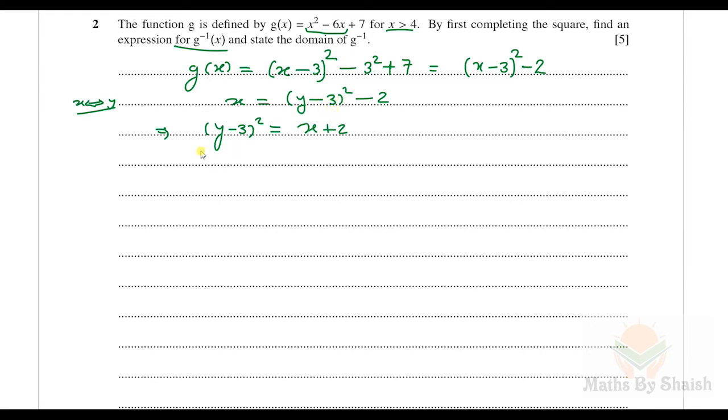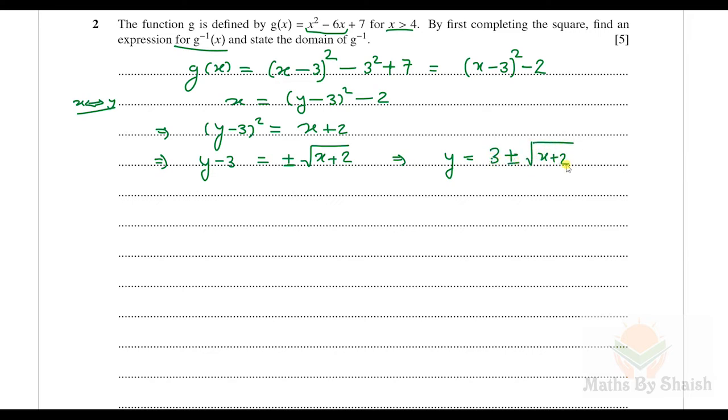And from here we get y − 3 = ±√(x + 2). We need to always be careful with the square and the square root with the plus minus, and from here we can write y = 3 ± √(x + 2).